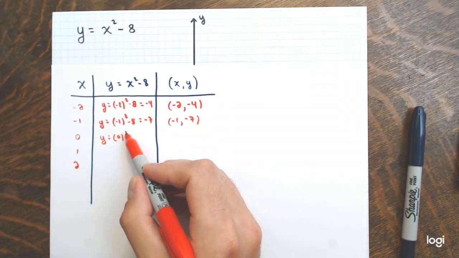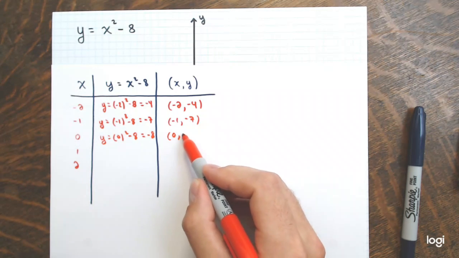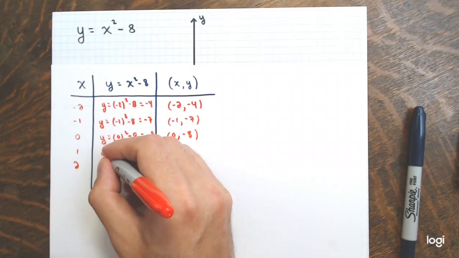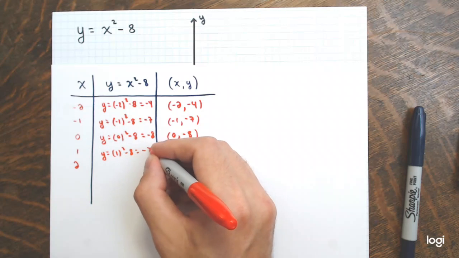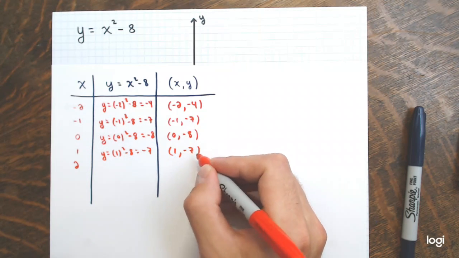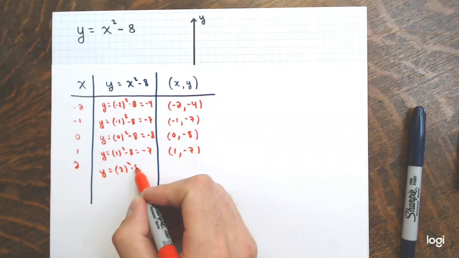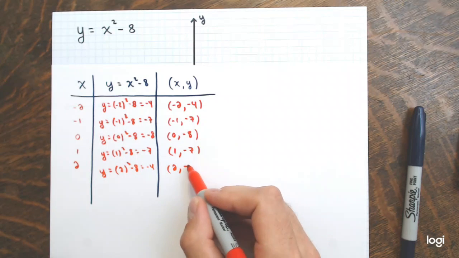0 squared minus 8 is just negative 8. So you have 0 for the x, negative 8 for the y in that ordered pair. 1 squared minus 8 is again negative 7. 1 minus 8. So 1, negative 7. And 2 squared minus 8 is again 4 minus 8 or negative 4. So you have the ordered pair 2, negative 4.